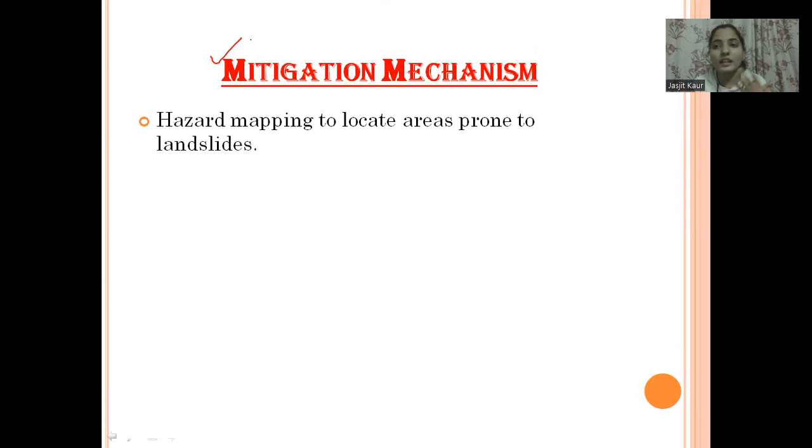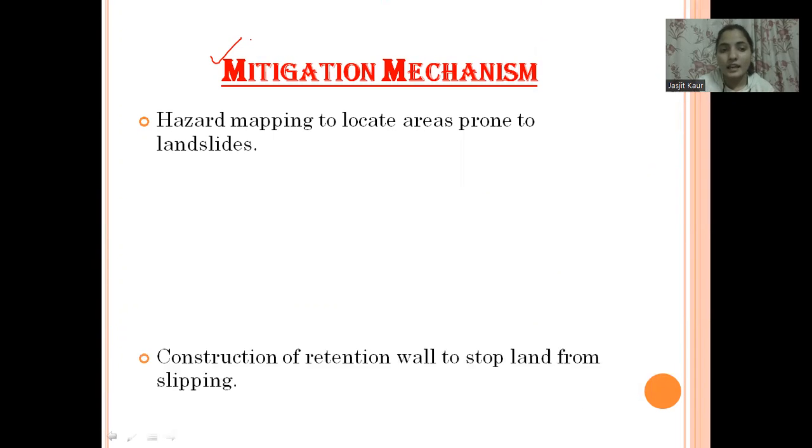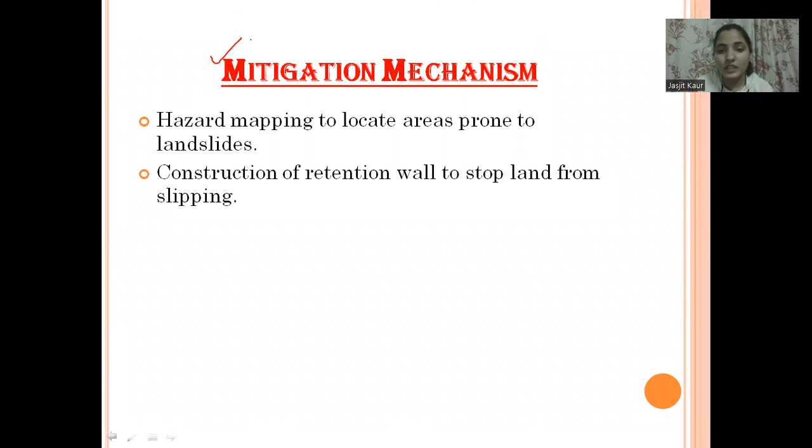We can locate the areas prone to landslides, and then we can stop people from constructing houses or buildings in those areas. So whenever there is a landslide in future, there will be no destruction to the life and property of the people.